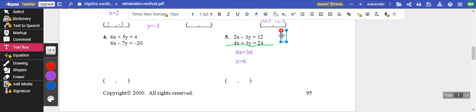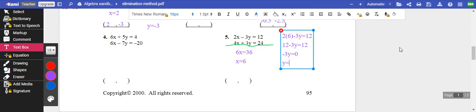Then we're going to plug it back into that original equation, and we're going to go 2 times 6 minus 3y equals 12. So 12 minus 3y equals 12. So negative 3y equals 0. So y equals 0.